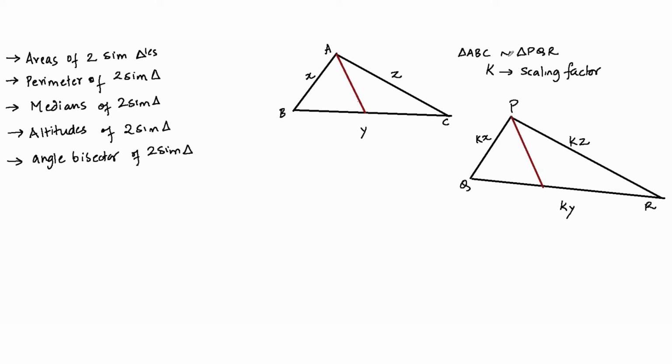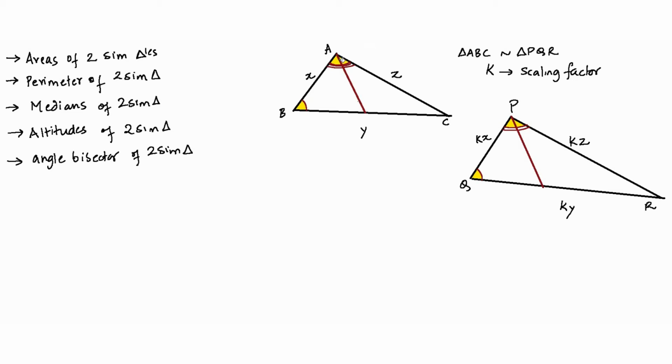So now because the triangles are similar, I can say that angle B has to be equal to angle Q. And the whole of angle A should be equal to the whole of angle P, again because these are the corresponding angles of these similar triangles. So now I'm going to mark the corresponding angles. Okay, let me shade them. So angle B is equal to angle Q, and I know that whole of angle A is equal to whole of angle P because the triangles are similar.